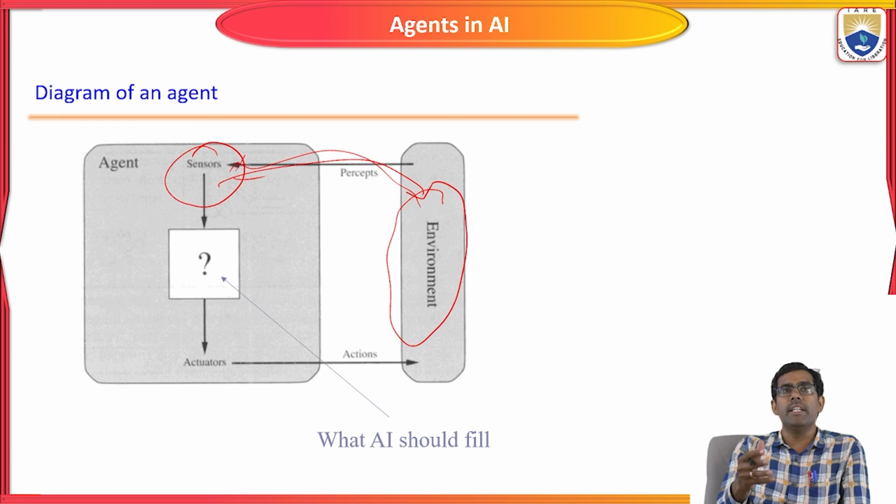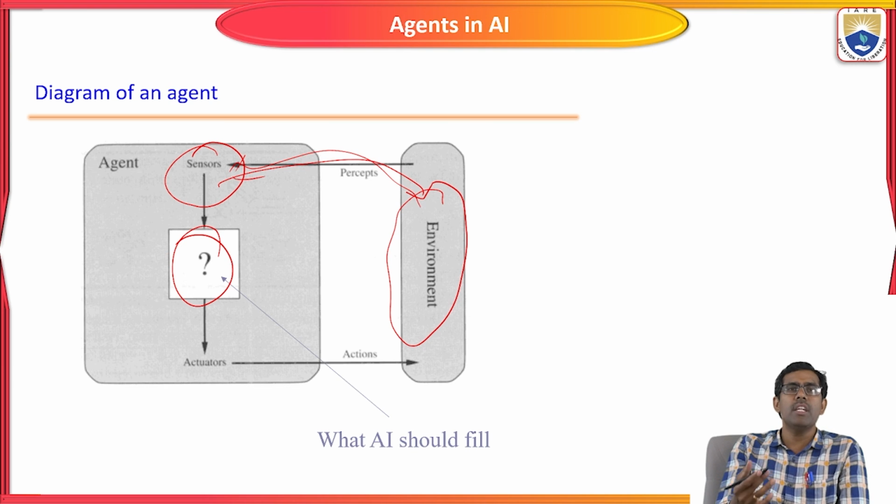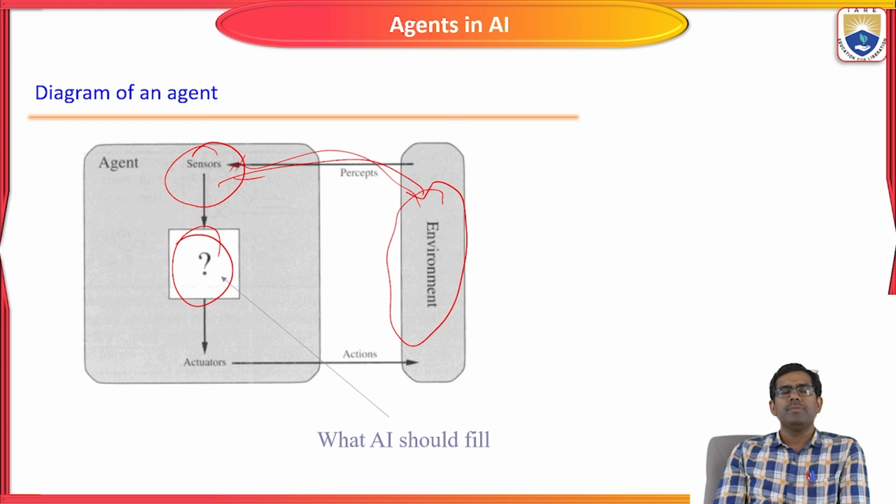Okay, that is the agent. Then after that, what action are we going to take? What action the agent should take, that is what we are going to decide here, based on your environment and your sensory information. What you observed from the environment, based on that, what action the AI machine should take, you will write it here.